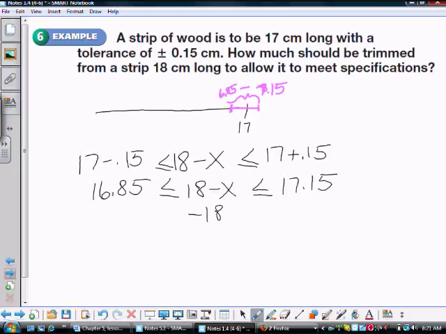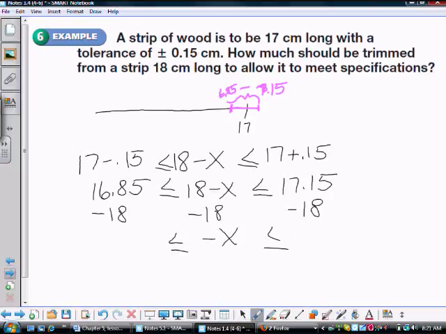So I want to get my x isolated, so I'll subtract 18 from the middle, subtract 18 from the left, and subtract 18 from the right. I got negative x left here. What's 16.85 minus 18? Maybe somebody could do that in their head.